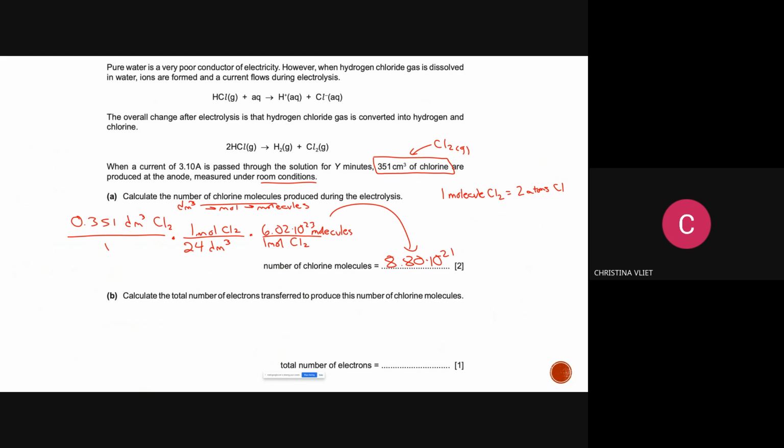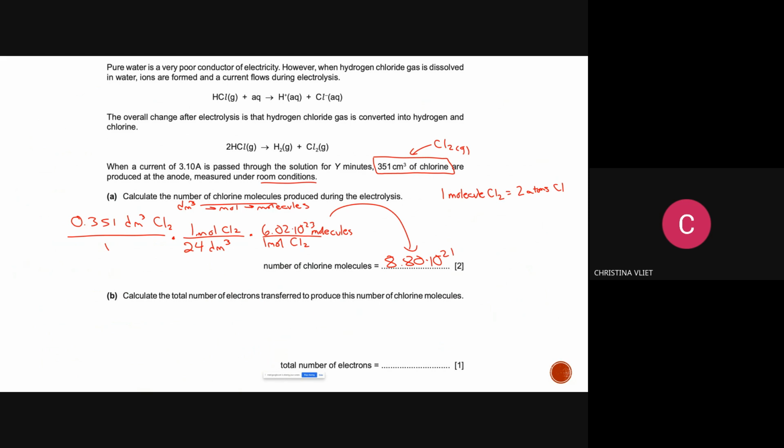So let's keep going. Calculate the total number of electrons transferred to make this amount of chlorine. How could we figure that out? Do we have a relationship between chlorine and electrons right now? How can we get that?